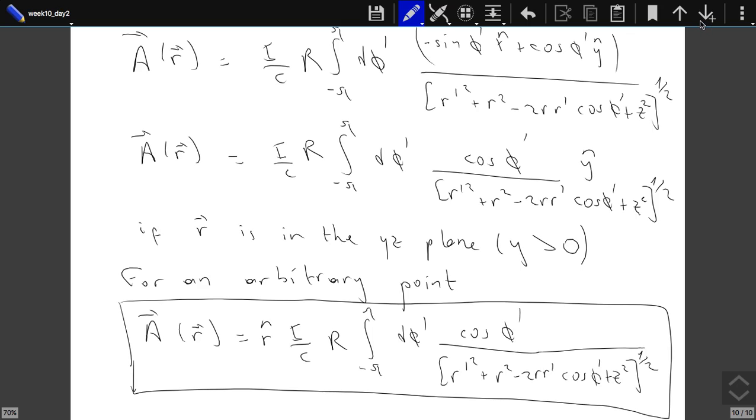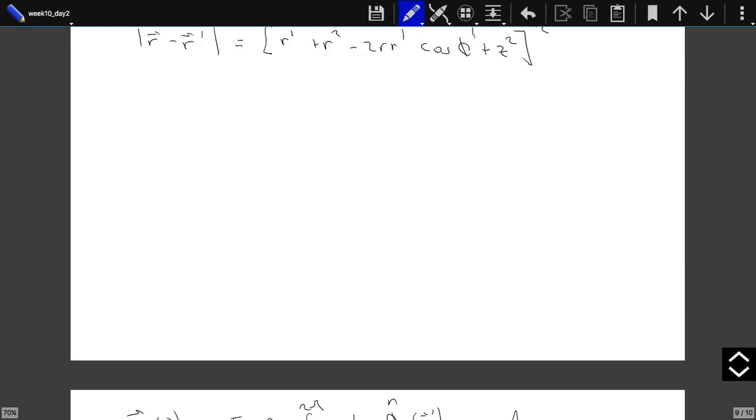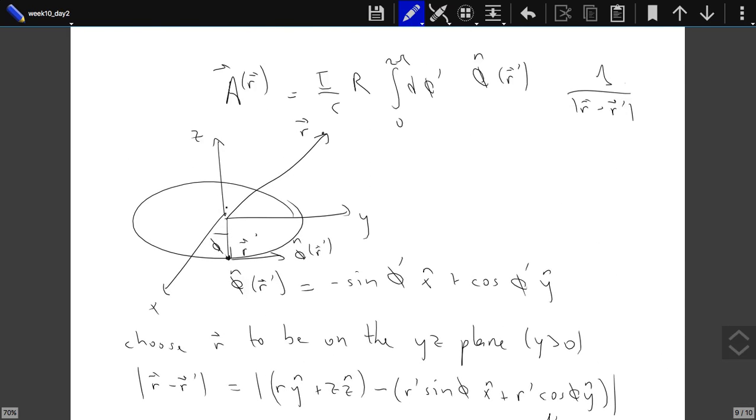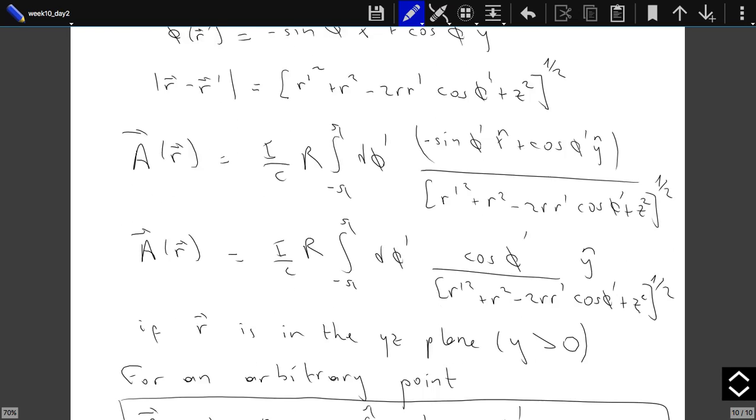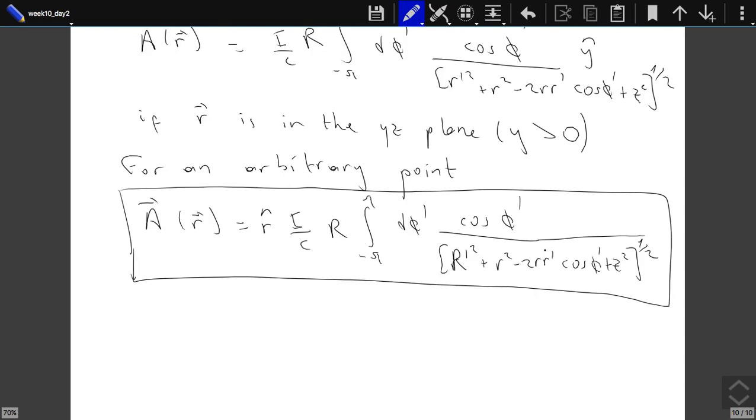So let's assume, and by the way, this r prime is nothing but the capital R. Remember, r prime is the distance of this point from the center, but that is what we call the capital R. So let's assume R is much, much larger than capital R. Or let's say, Z is much larger than capital R. Or let's just keep Z and R, they are both much larger than capital R.